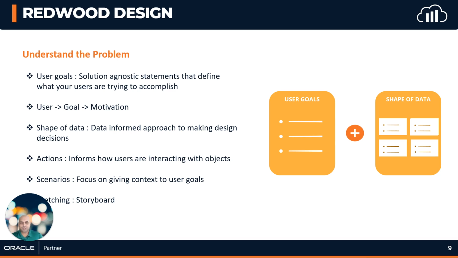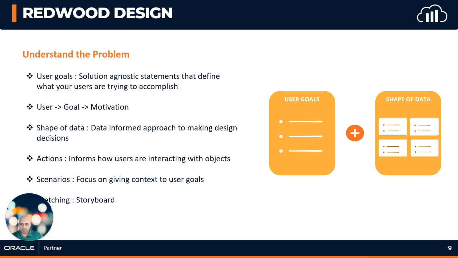Shape of data. It is the data informed approach to making design decisions. So, in the case of expense report, there will be questions like how many users are submitting expense on a weekly basis?